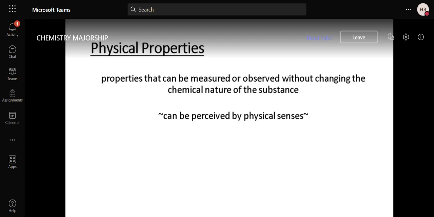How about smell, is it fragrant? Sweetness, can you taste it? Those are physical properties. Of course, we don't taste chemicals in the laboratory. Always remind your students never to taste the chemicals in the laboratory or even eat anything at all during chemistry laboratory classes or experimentation.